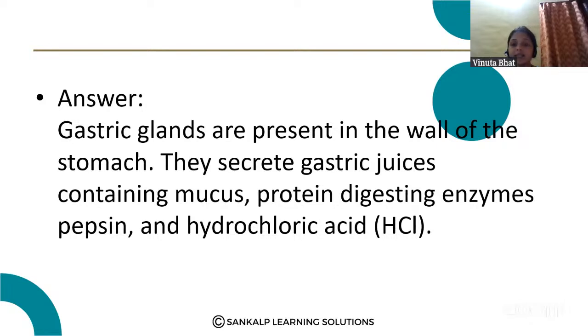Gastric juice contains mucus, the protein digesting enzyme pepsin, and hydrochloric acid, HCl. These are the components present in the gastric juice.